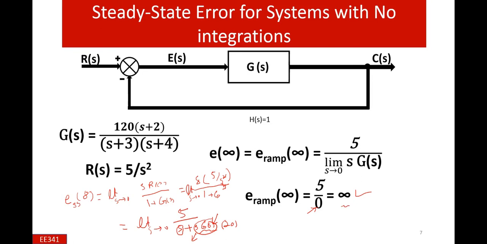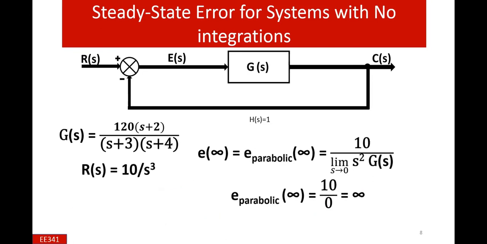And similarly for the parabolic input, with the same transfer function, if we excite with the parabolic input, then the steady state error is infinite. Again, just try to draw the relation. In the S domain, as s approaches 0, s times r of s, where r of s is 10 over s cube, so one s is cancelled out, and we have 1 over 1 plus g, and this is the steady state error.